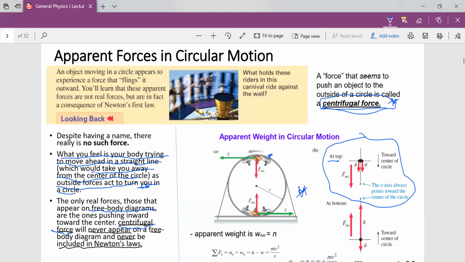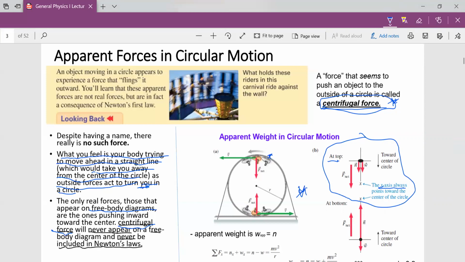We see the normal force here pointing down and the weight also pointing down. Then the net force is pointing down. So this down motion, which is towards the center, is regarded as the S-axis. And that's why we said we should always make the direction of the S-axis point towards the center.